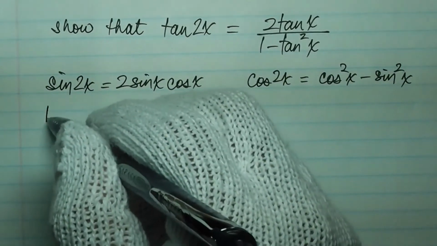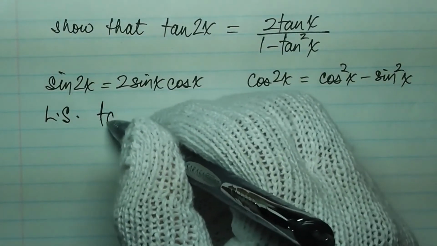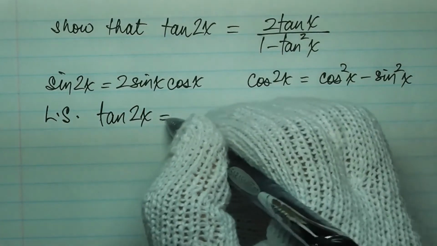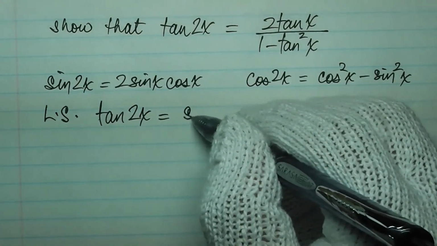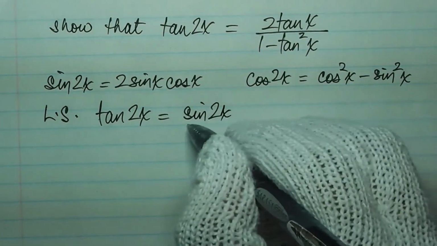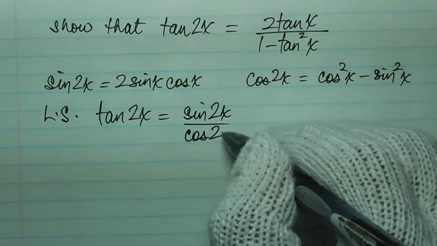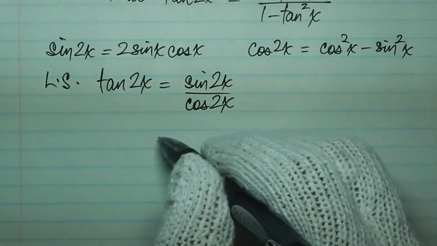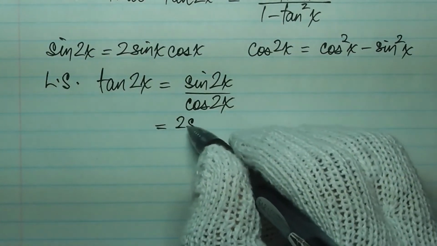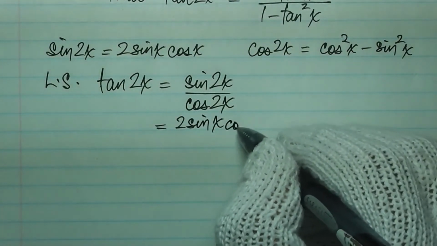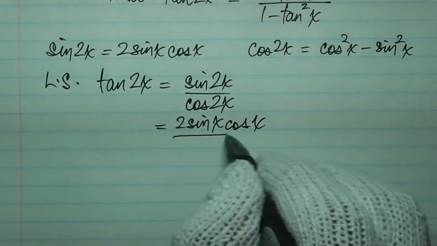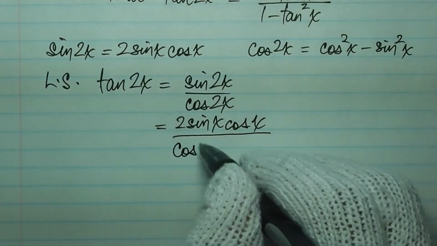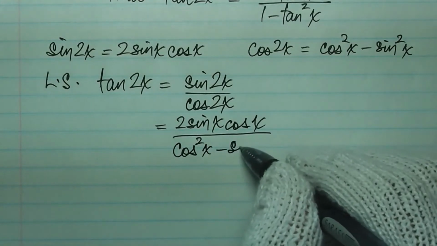Now, the left side, tan 2x is equal to sine 2x over cos 2x. This is equal to 2 sine x cos x over cos squared x minus sine squared x.